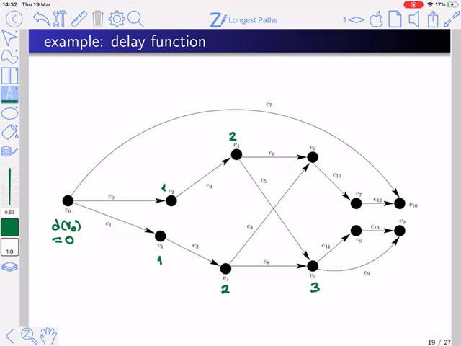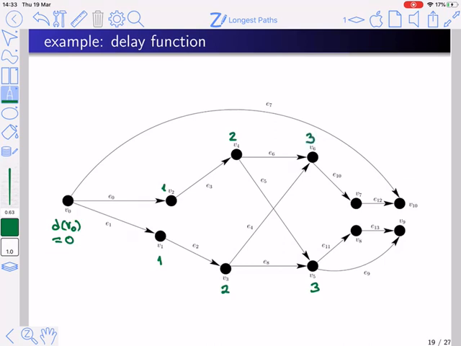Indeed, we have 2 paths of length 3 which end in V5. The first path goes like this, and the second path goes like this. As you can see, these paths have delays along them of 0, 1, 2, 3. Very good. The same argument tells us that the delay of V6 is 3.